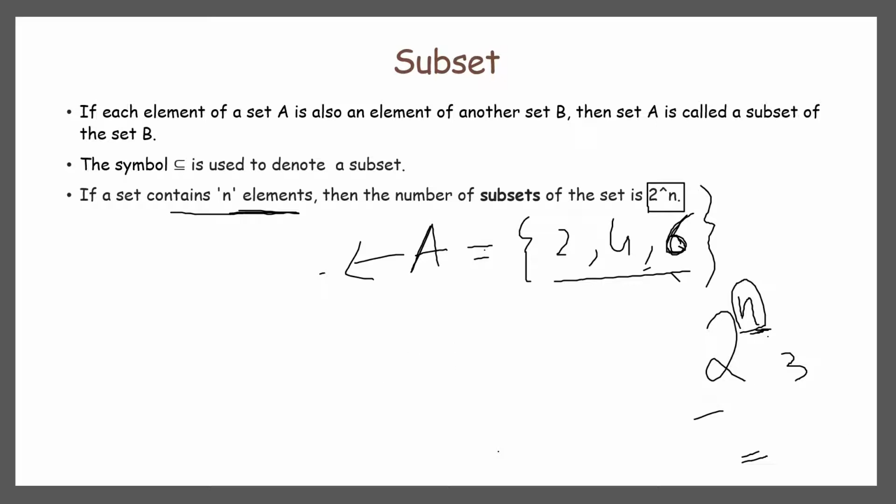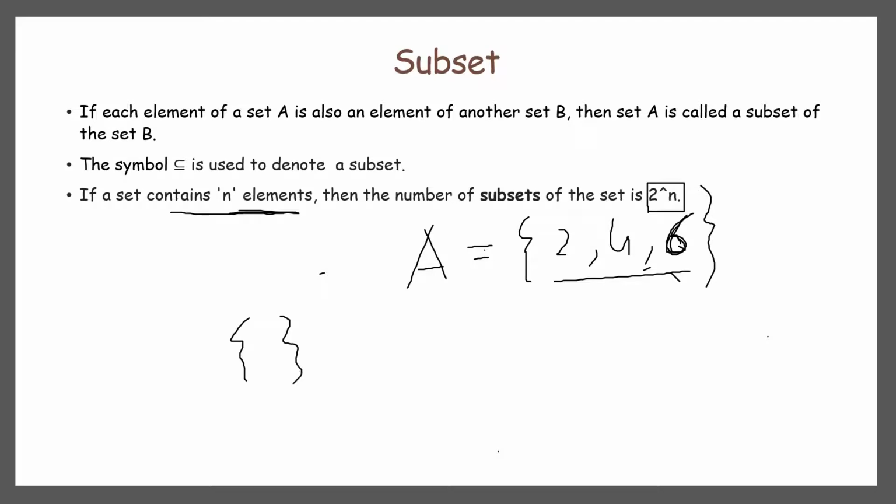Now let's see how we make subsets. We have already checked that this set A has 8 subsets. So the first subset is always the empty set, because the empty set is a subset of each set.